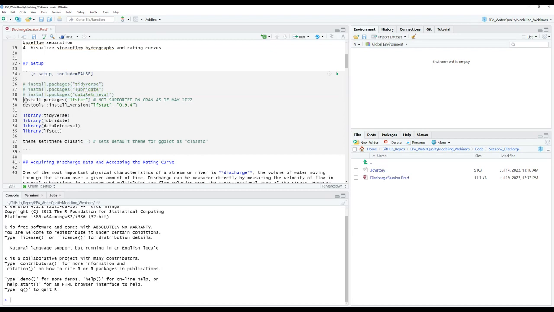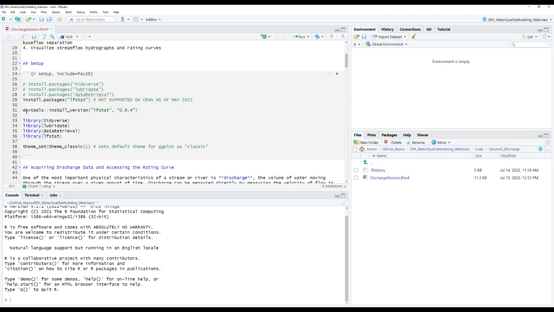And again, if you don't have the package lfstat, you will use this line of code to access lfstat. If you don't have the package devtools, you can use the same line of code, install.packages, and then devtools. So if you're not actually able to use this function here, if it tells you that it's not working, you can also say install.packages devtools.